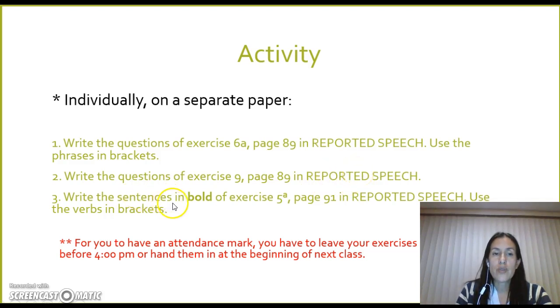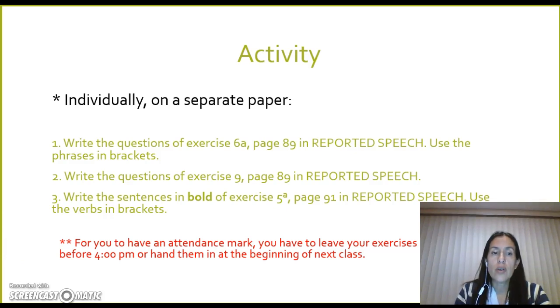And to finish, you're going to write the sentences from exercise 5A, that's on page 91. The sentences that are in bold, what you need to do is report those sentences using the verbs that you have in brackets.